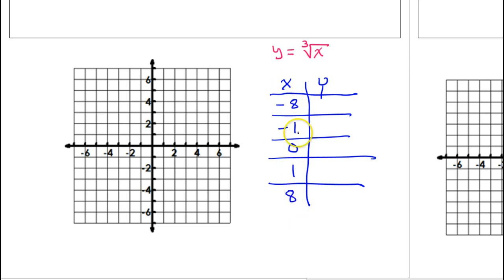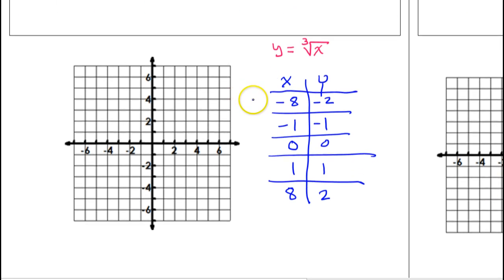And the cube root of negative 8 is negative 2. The cube root of negative 1 is negative 1. The cube root of 0 is 0. Cube root of 1 is 1. Cube root of 8 is 2. So these are the 5 points that we will use to start off with for all cube root graphs.